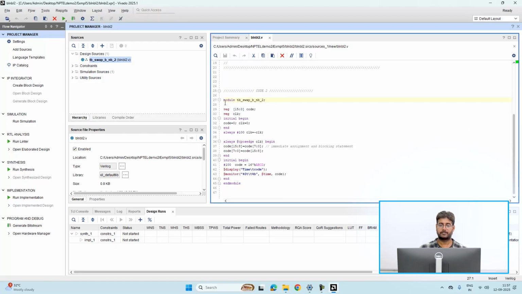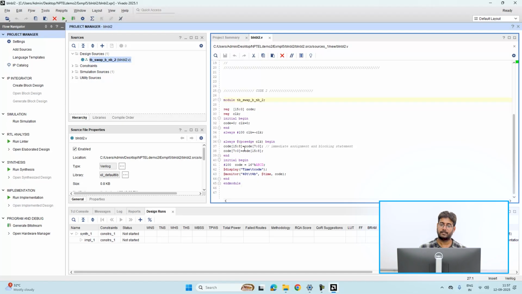Again, it is similar. Everything, reg, 16-bit data input, clock, initial begin, is there. Again, we will initialize the code and clock equal to 0. We'll define a clock. The only thing is the order: in the previous example, we had written code 0 to 7 on the left-hand side, and code 8 to 15 was on the right-hand side. So this order has changed.